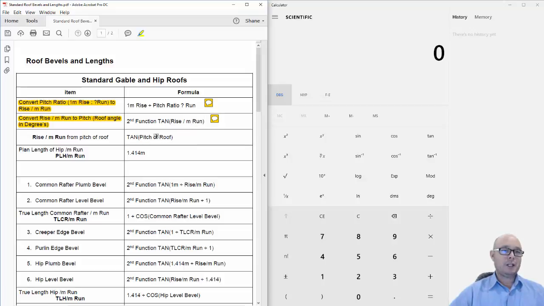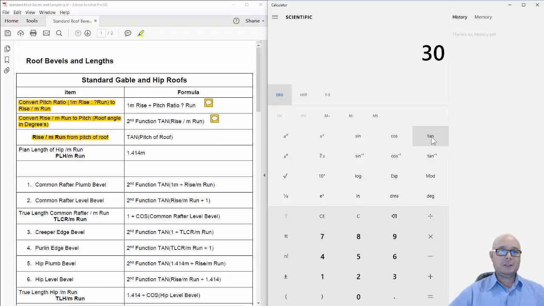On this calculator, I'm going to have to do the pitch of roof first, then hit my tan button. So this is the calculation I'm going to do next. Rise per metre run from pitch of roof, and the formula is tan, and then the pitch of roof in brackets, and that will give me the rise per metre run. So on this one, I have to put the 30 degrees, which is the pitch of roof that we worked out earlier, or that we were given.